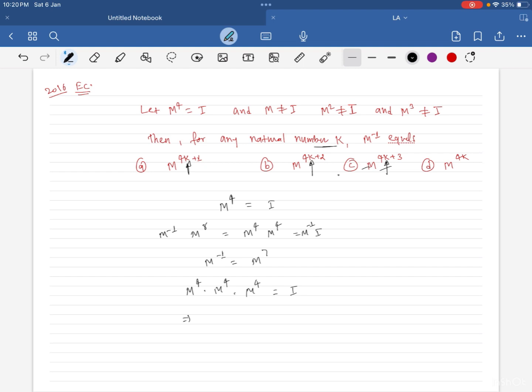So from here it will be m to the power 12, and if we try to find the inverse from here, m to the power 11 is equal to m inverse. So for k equals 2, that is going to be m to the power 11.